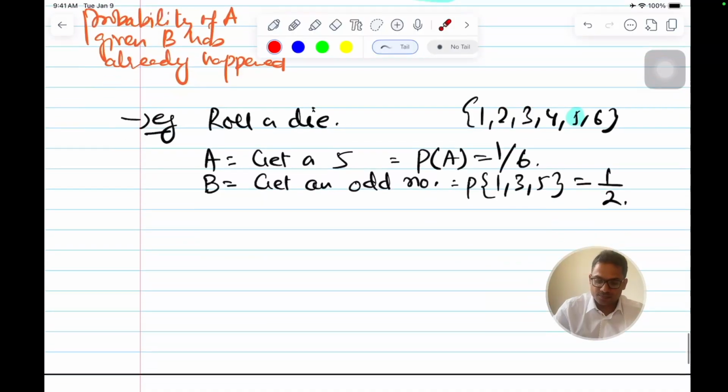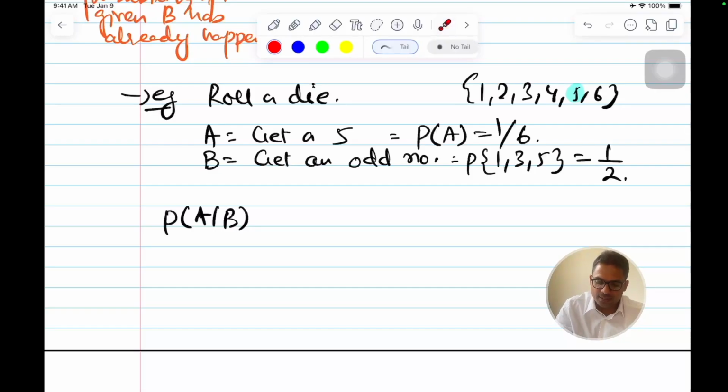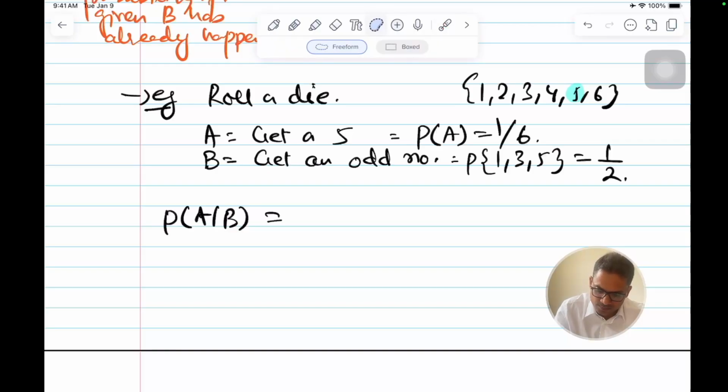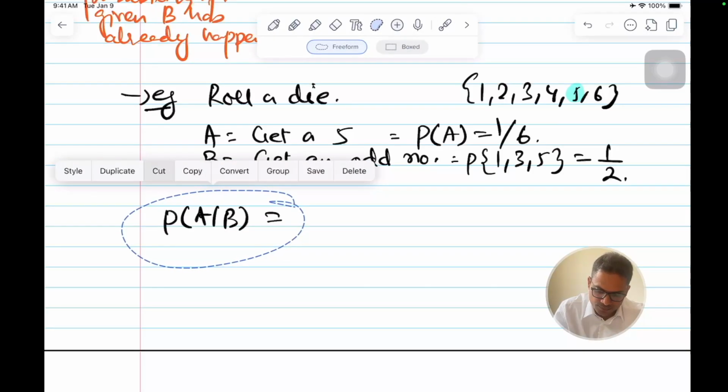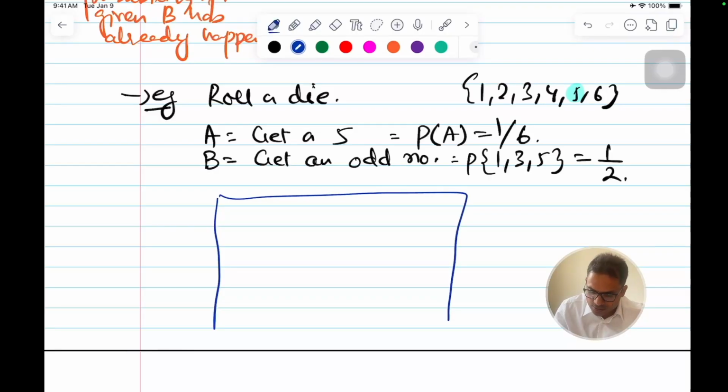So let's write it down in the formula. P of A given B. A is getting a 5, and B is the new information that the number is odd. So what is the probability of both A and B happening? Let me draw it for you so that you understand. Generally these are not so easily understood. So let's create this set world. This is our whole sample space, given by omega.